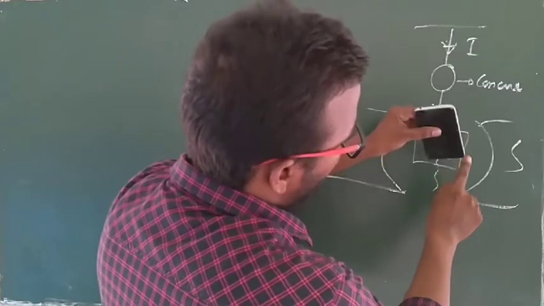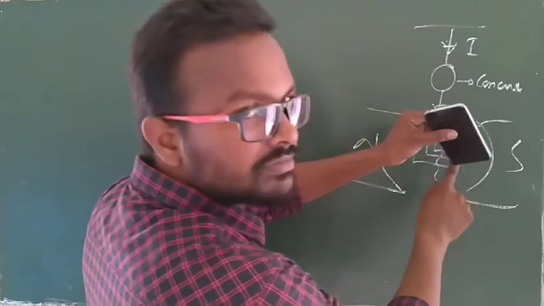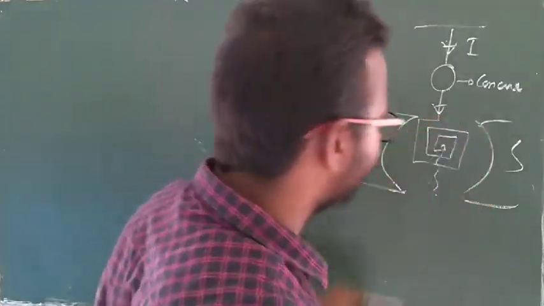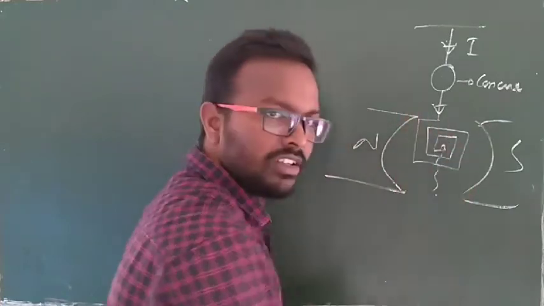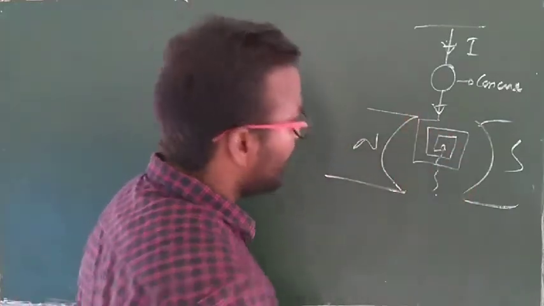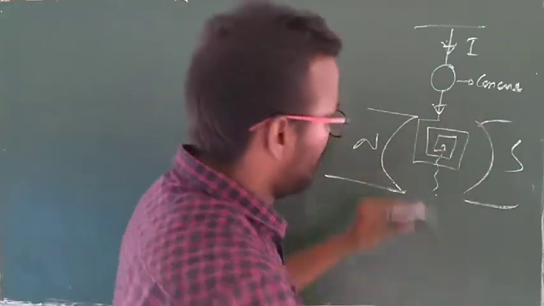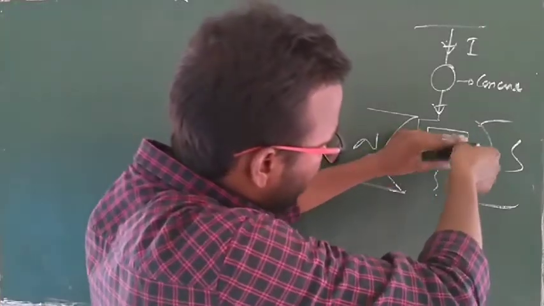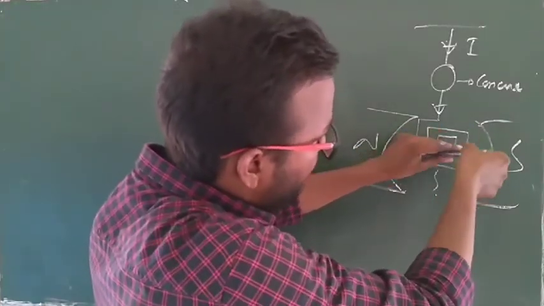If the magnetic field is strong, it experiences a torque which rotates the coil inside the horseshoe magnet.